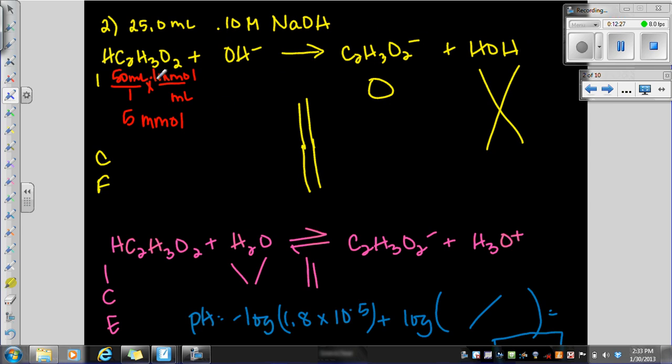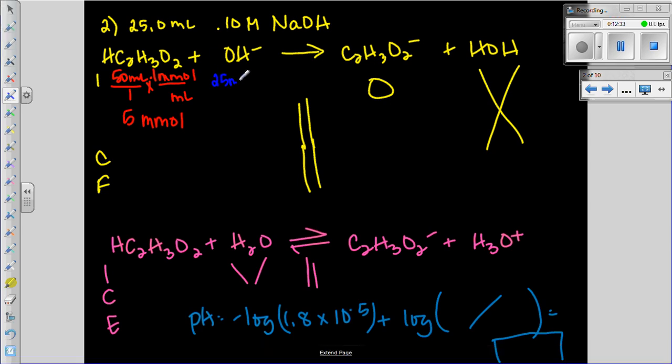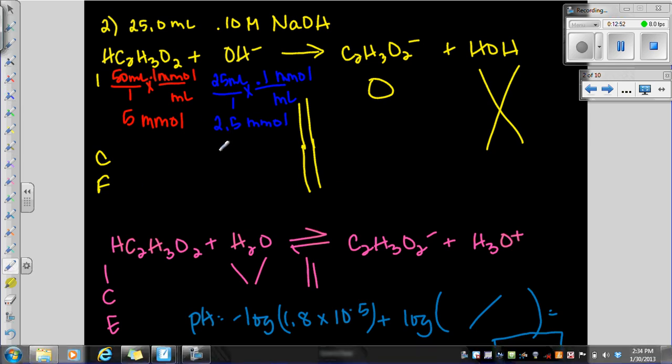Because it's a chemical reaction, I want to calculate moles of each. So I'm going to do 25 milliliters of 0.1 molar sodium hydroxide. That gives me 2.5 millimoles to start. If I look at this, I see that the hydroxide is limiting.